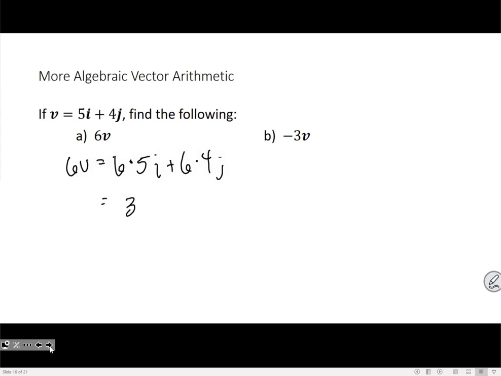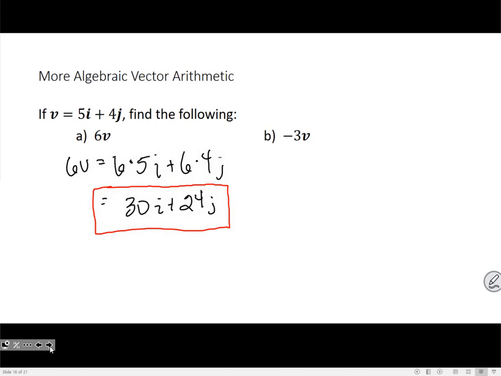So I get 30i plus 24j, which should be kind of similar to how we graphed these vectors earlier, where I had to multiply both the vertical and horizontal direction of my vector by my scalar multiple when I graphed it. Okay, the same thing is going on here, but now I'm just representing this algebraically.